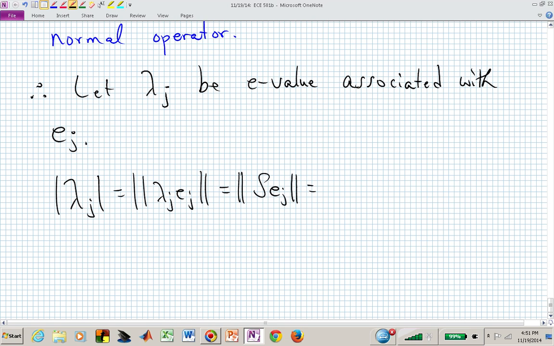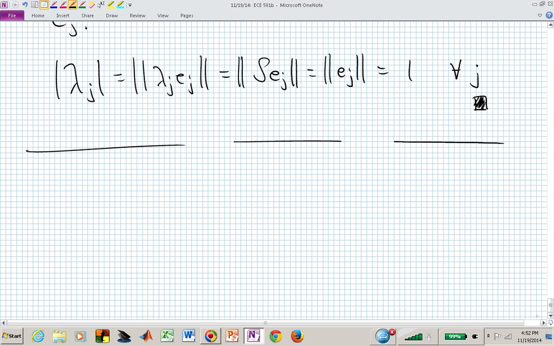If S is an isometry, it's norm preserving, so S v is equal to v in terms of norms. But what's the norm of e sub j? It's 1. And that's true for all j. And now we know that the eigenvalues of an isometry have magnitude 1. That was for complex inner product spaces, the capital V.